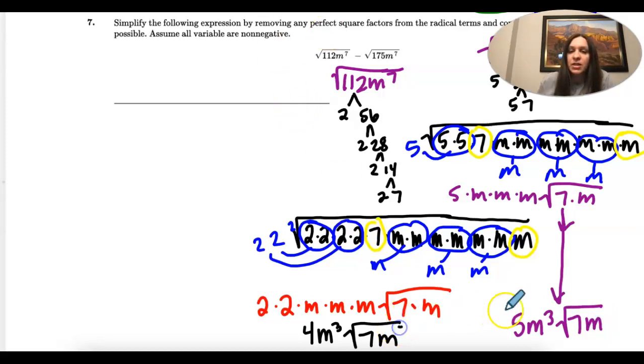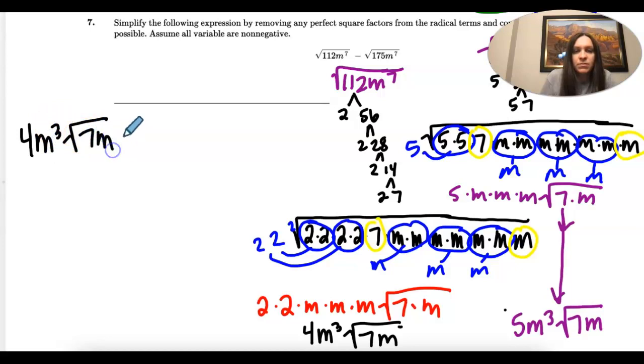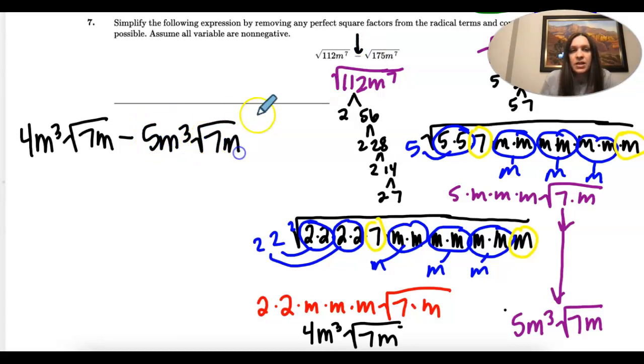So now I'm going to take these, I'm just going to rewrite them over here, minus, and now I'm going to say I can actually subtract them because the radicand is the same. It's 7m. So I take 4m to the third minus 5m to the third.